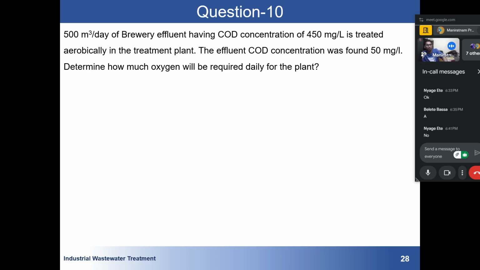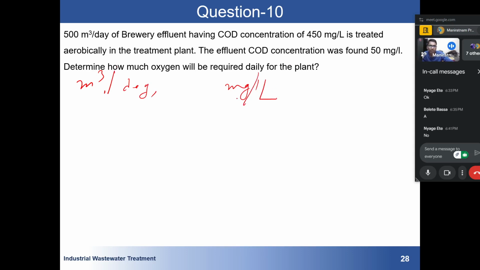So again, the process is simple. First, we have to change the units. Here you can see the flow is given in meter cube per day, and the concentration unit is given in milligram per liter.